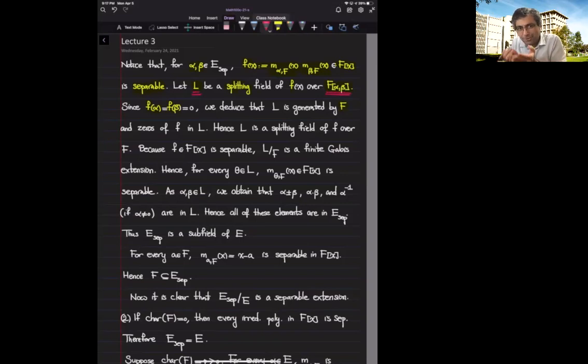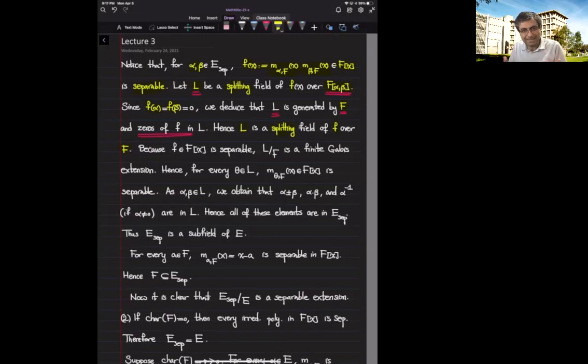But alpha and beta are also zeros of f. So L is generated by capital F and zeros of f, because alpha and beta are also there. That means L is also a splitting field of the same polynomial over capital F.